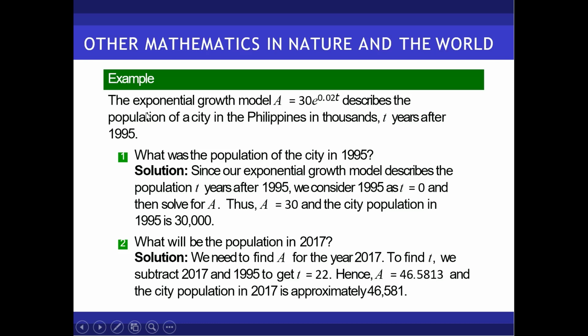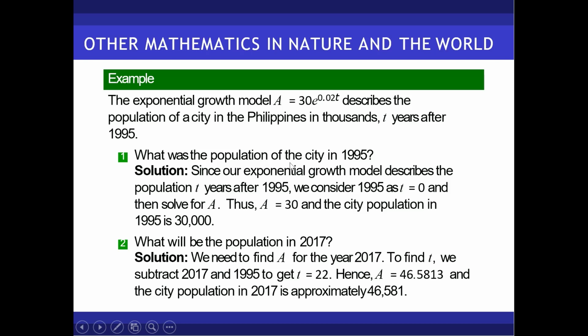Example of applying the mathematical model in population growth. The exponential growth model A equals 30 times e raised to 0.02t describes the population of a city in the Philippines in thousands, t years after 1995. Question number 1.